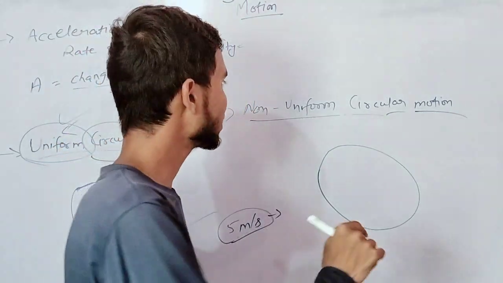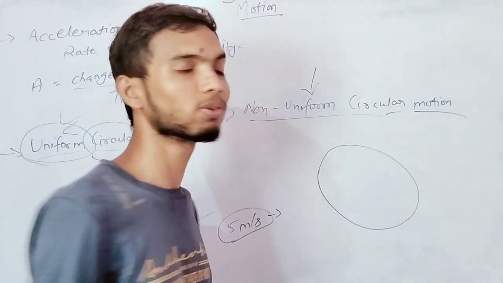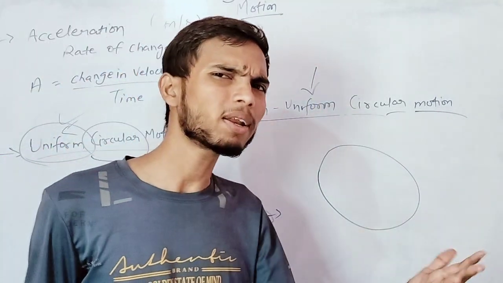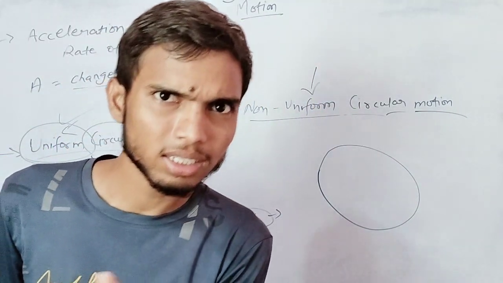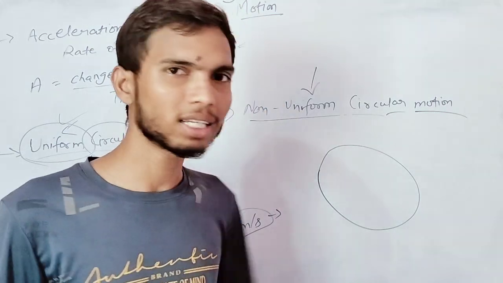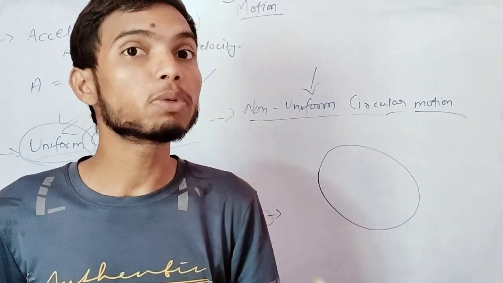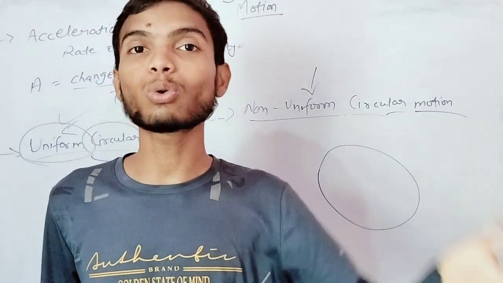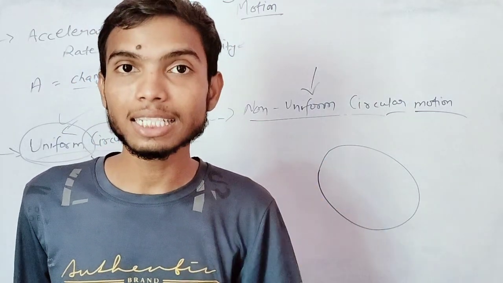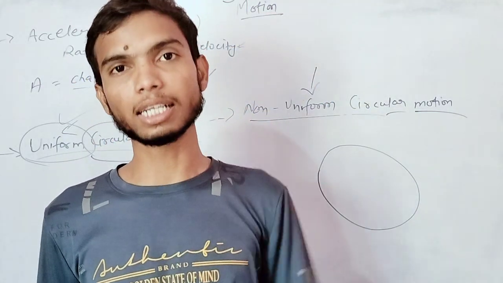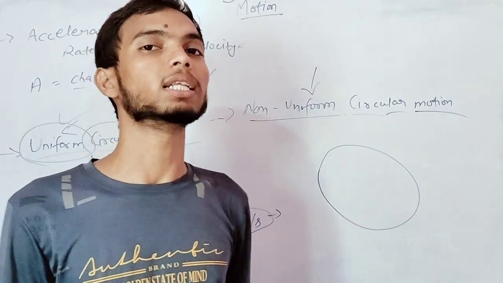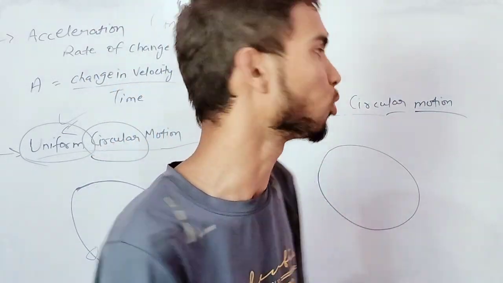That is what non-uniform motion is. Motion is in circular shape, and the speed of this motion is not constant. It can be increased. It can be decreased. That's why we are saying this motion is non-uniform motion.